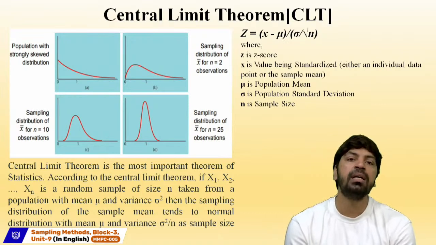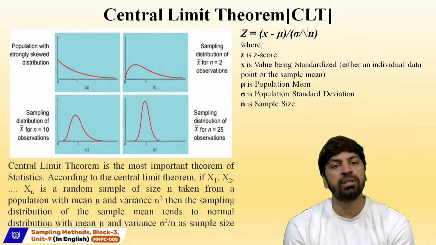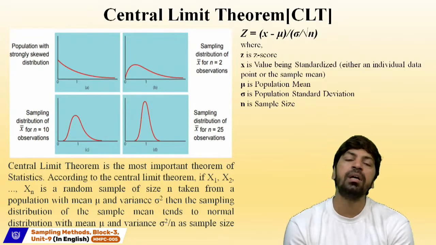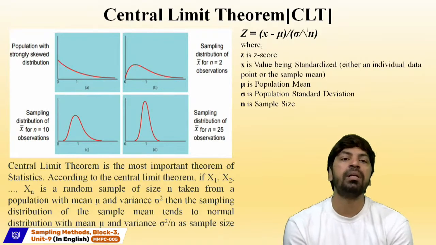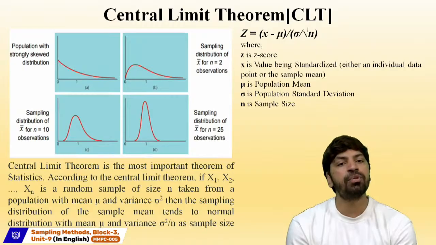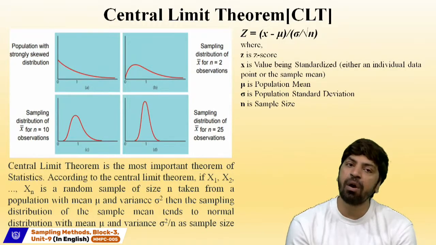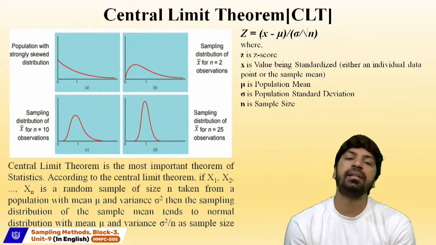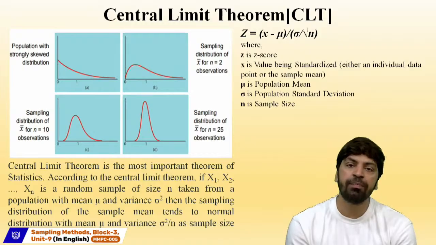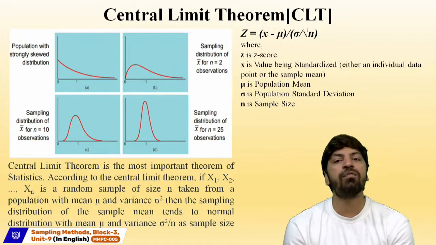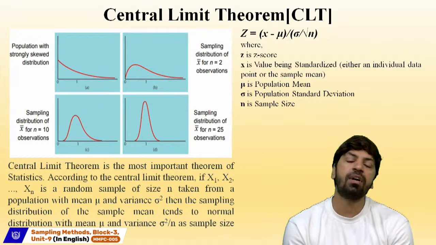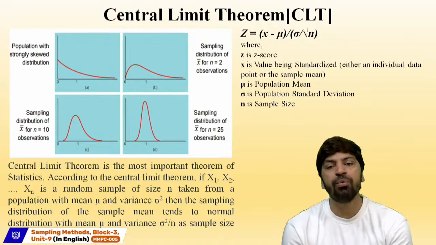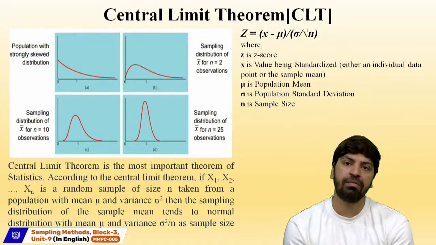You can see the skewed distribution which begins from the origin, increases, and immediately falls. The next one is the sampling distribution of the mean with 10 observations, which is flatter, with a rightward shift of the curve. But the sampling distribution of the mean for 25 observations is called a positively skewed distribution curve.